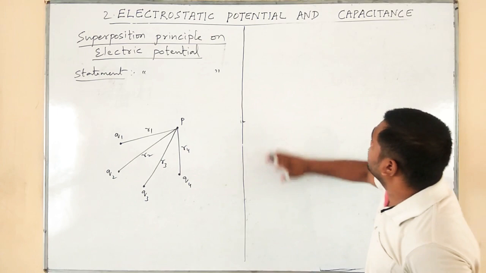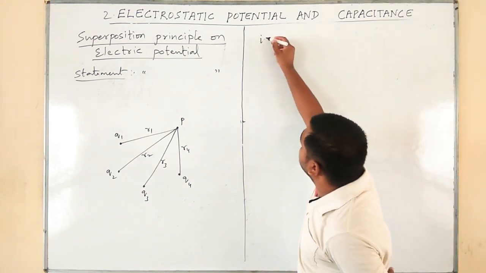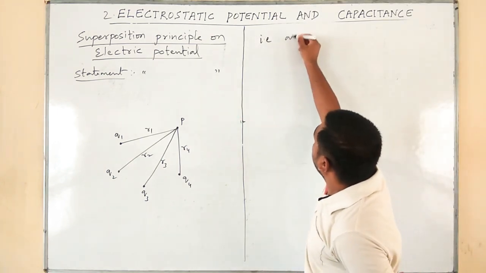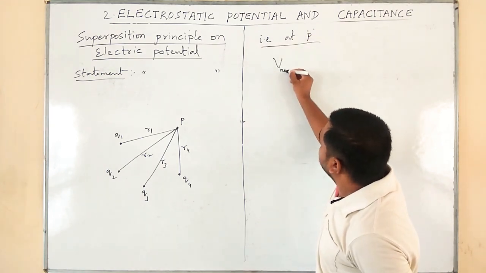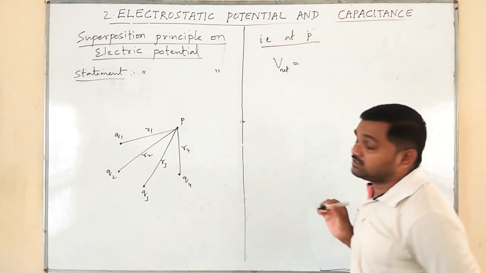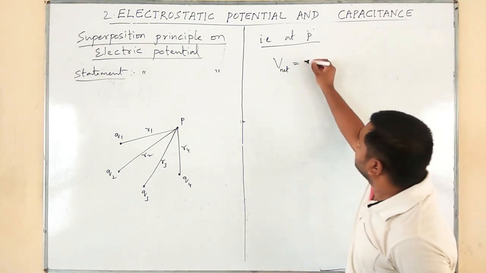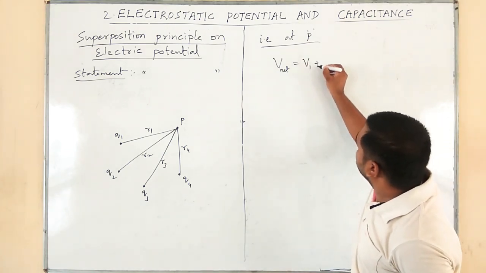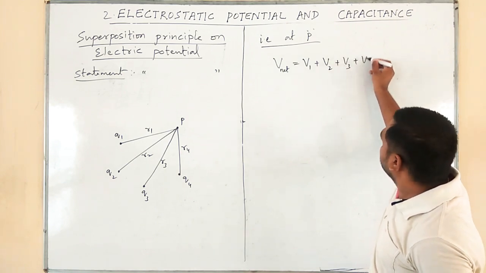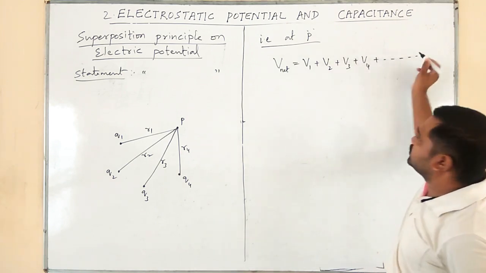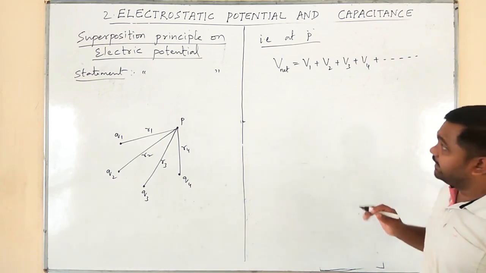Now, if we come to the explanation, at P the net electric potential, or the total electric potential, is equal to the potential due to V1, V2, V3, V4, and so on up to Vn.